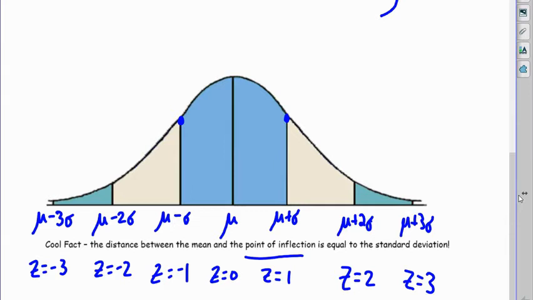All right, and then those percentages. Within one standard deviation of the mean on both sides, that is 68% of your data. It's kind of hard to read that, so maybe I'll write in black. If I think of how the mean divides this in half, I have 34% on one side and 34% on the other.